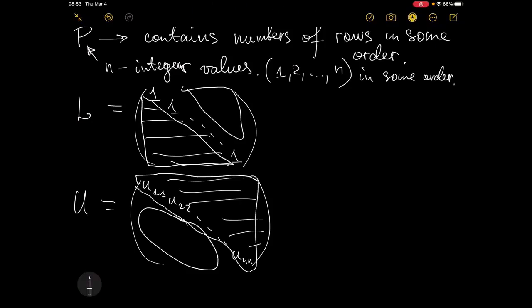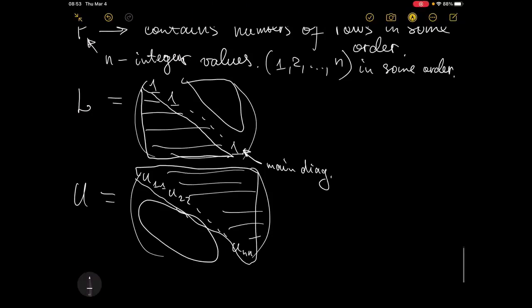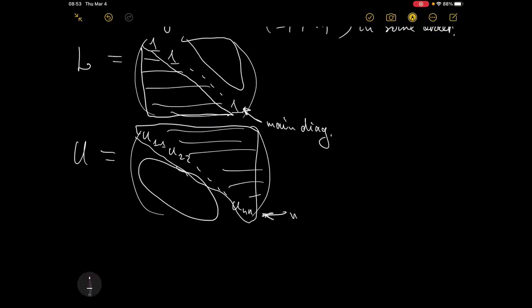L uses all elements below the main diagonal, while U uses the main diagonal plus everything above.